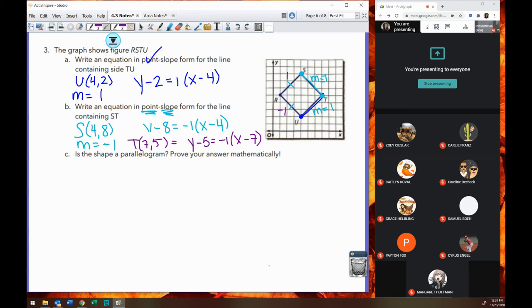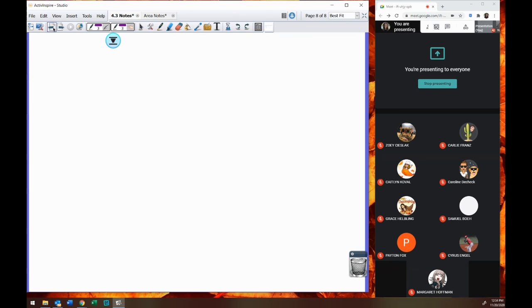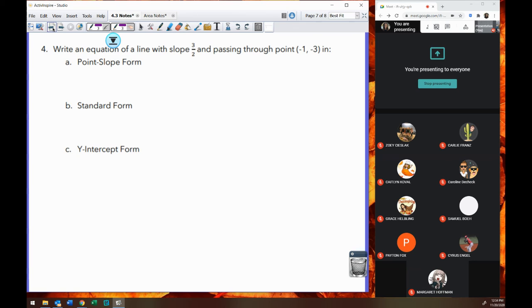Okay, I'm not doing example 4, because that's too much. There are some homework questions that you're going to skip, because we didn't talk about writing something in standard form. So anything on your homework that asks you to write in standard form. So 1B, skip.